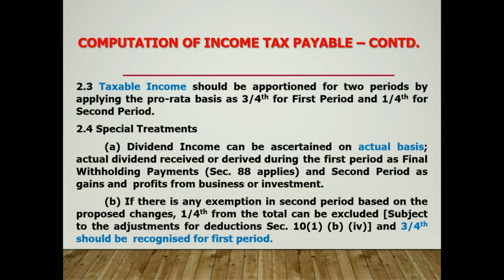For example, if you are deriving gains and profits from information technology services, you can exclude 1/4 of receipts from your tax computation together with connected expenses. The balance income should be recognized for the first period.